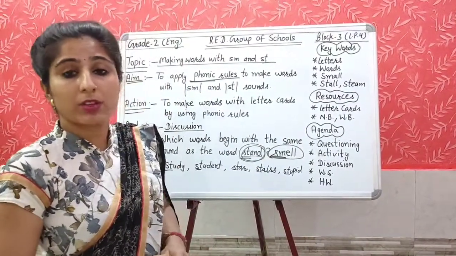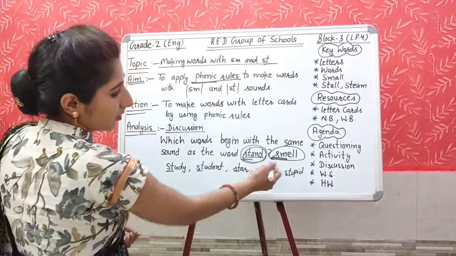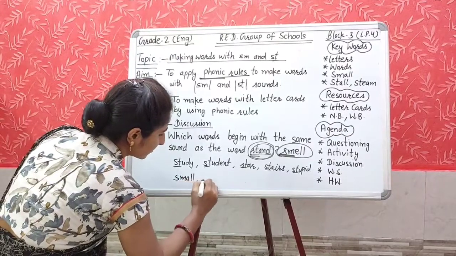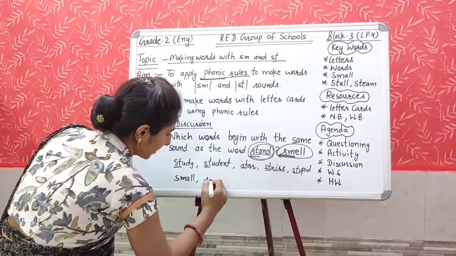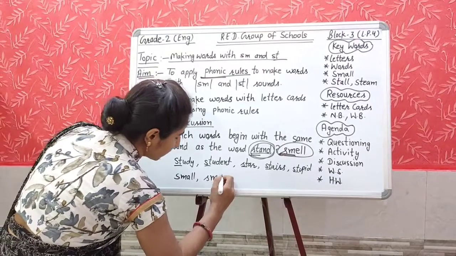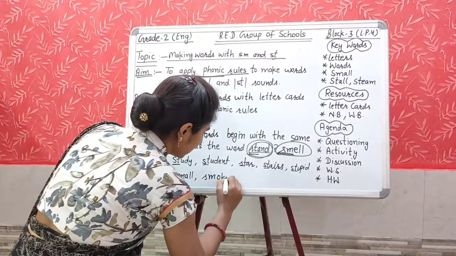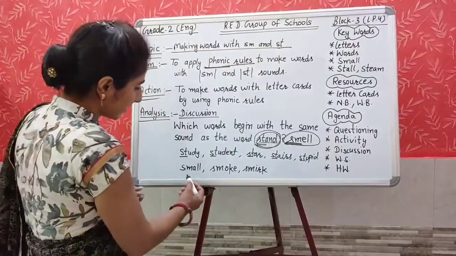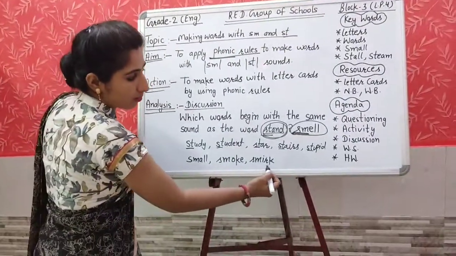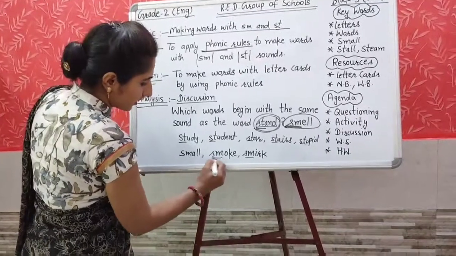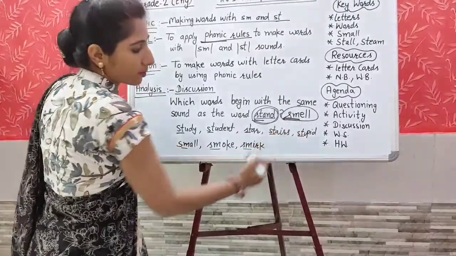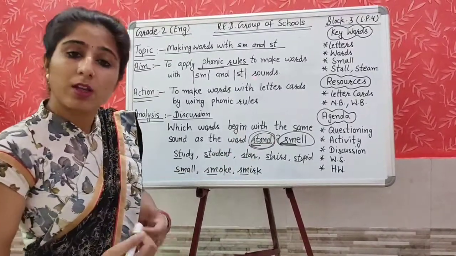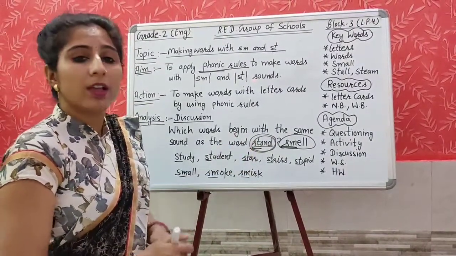Yes, right, we can make many words by using the SM sound, like small, smell, smoke. All are starting with the same sound, the SM sound. So we can make many more words by using the SM sound.